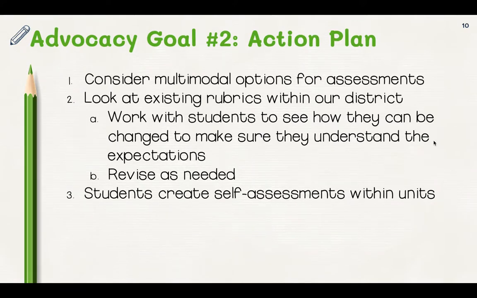And so in math, we have a little self-assessment that they fill out after the questions that they take on the end of the unit assessments, but they don't feel very student friendly. And so I think we can really look at those and see maybe a quicker checklist or a different type of self-assessment for them to take.